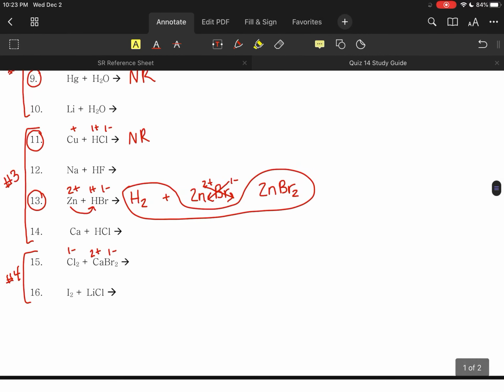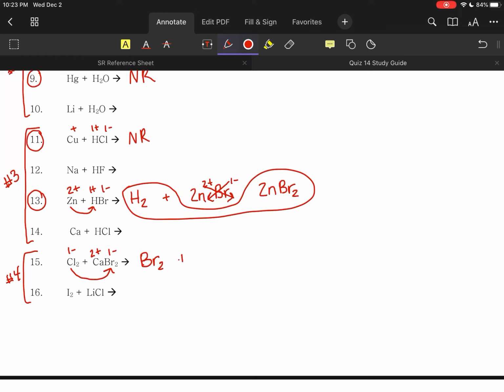So chlorine is going to swap places with bromine. So that means bromine is going to be by itself. And remember, it's a diatomic, so we write it with a Br2. And then I have calcium. And notice my chlorine is going to come at the end of calcium because I'm replacing the bromine.